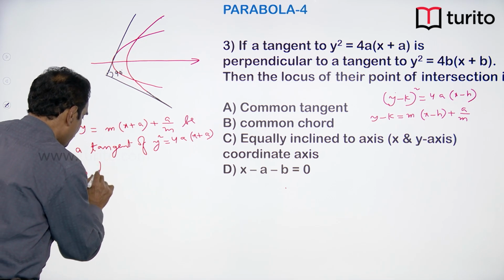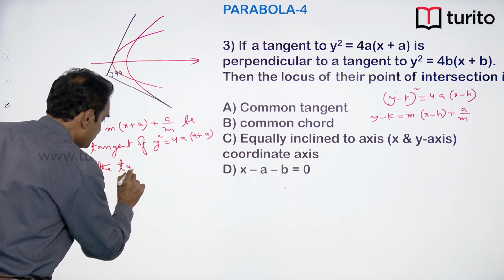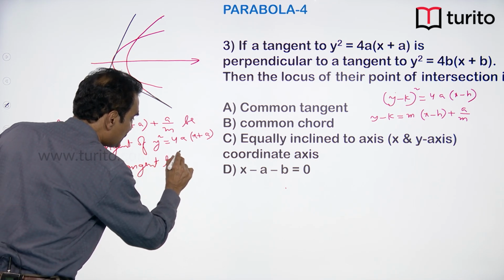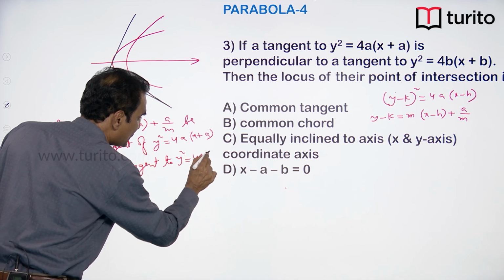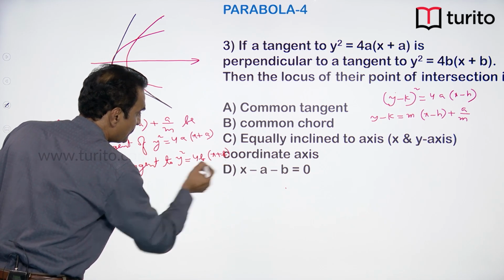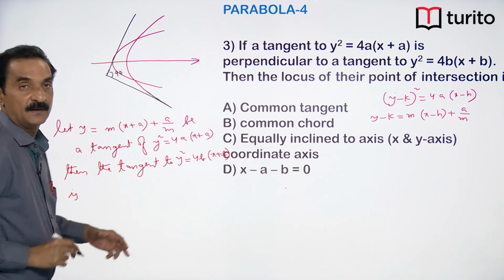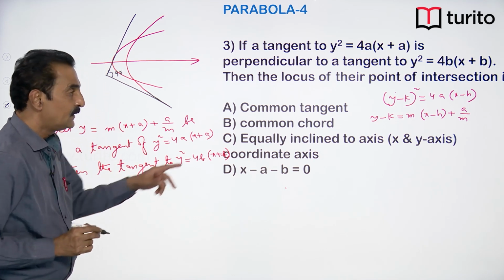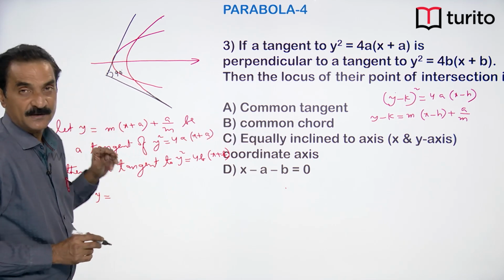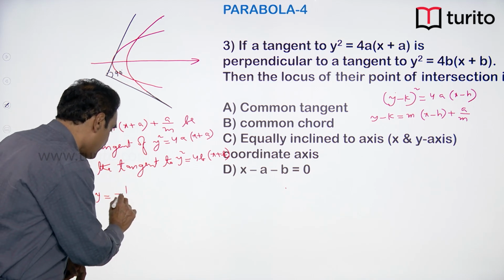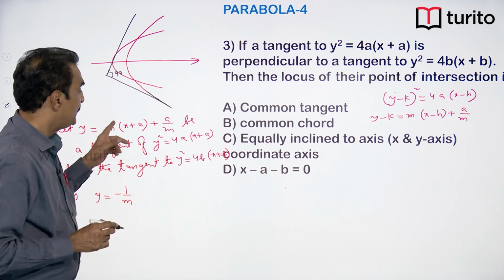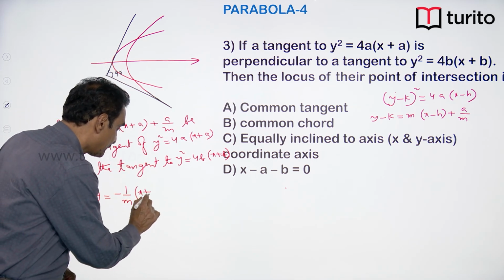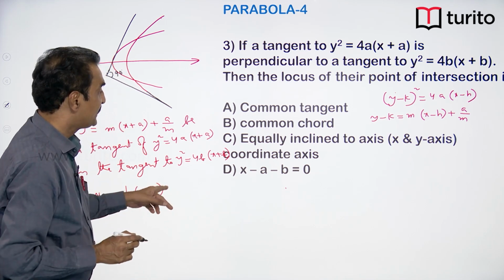Then the tangent to y square is equal to 4b into (x plus b) is y is equal to, in place of m we have to take minus 1 by m, minus 1 by m into (x plus b) plus a by m.